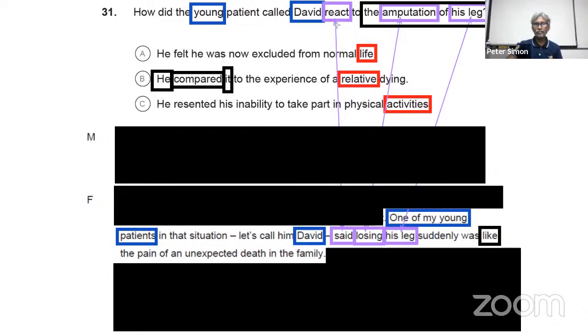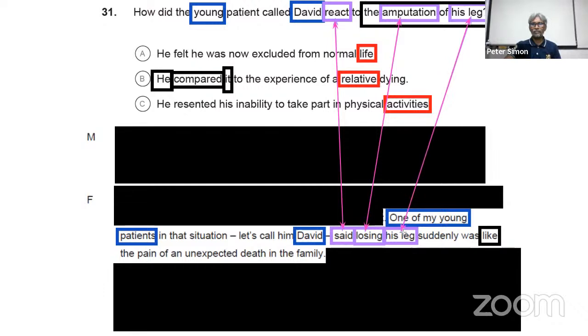Here it is. Reaction. Instead. Amputation means losing his leg.